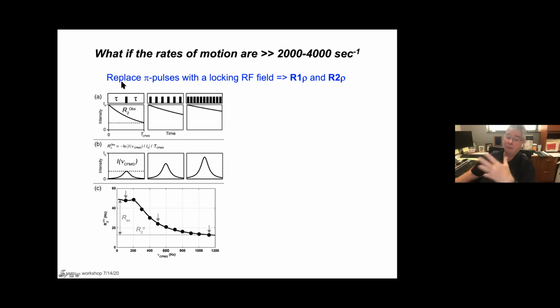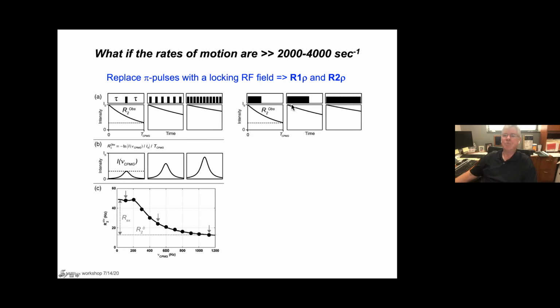So what do we do? Well, the obvious thing is, suppose we just go CW, and that's an experiment called R1 rho and R2 rho, and you'll find in the literature some elegant work from Donghan Li and Christian Griesinger, and also Art Palmer originally, but recent work from Donghan and Christian.